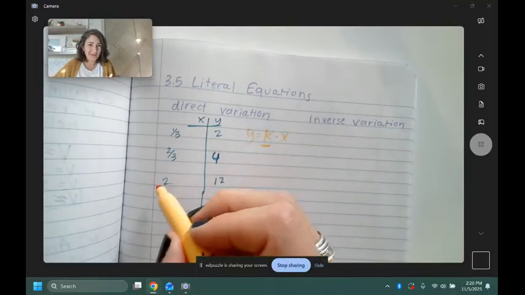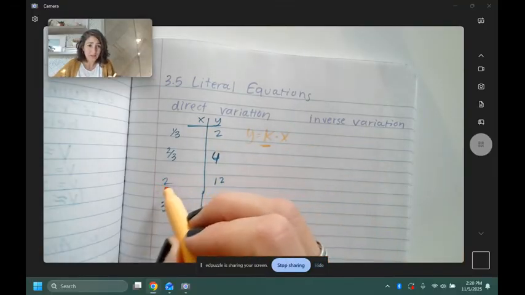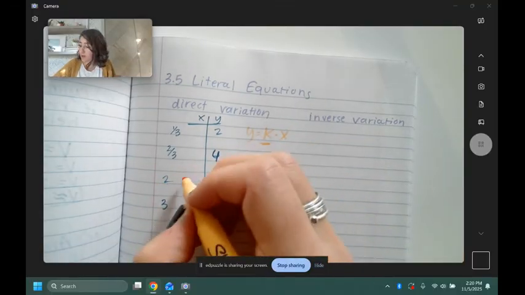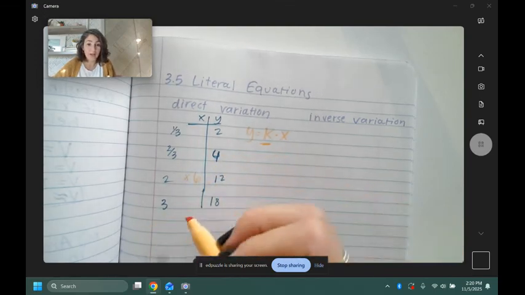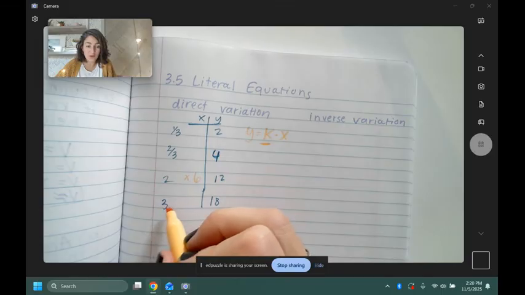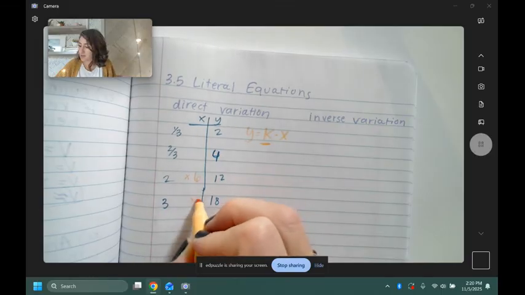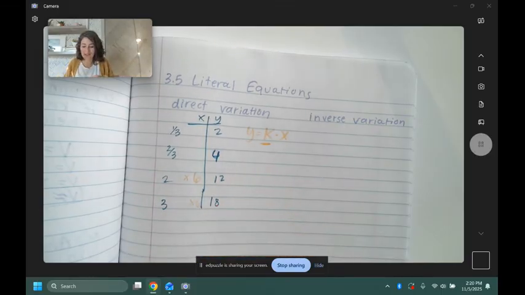So let's look at 2 and 12. To turn 2 into a 12, I'm going to multiply it by 6. Let's check if this is true. So 3 times 6, that is 18 as well.